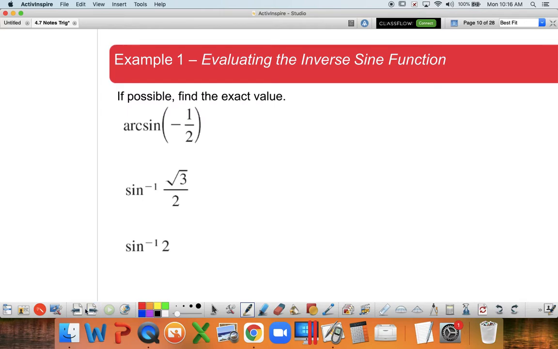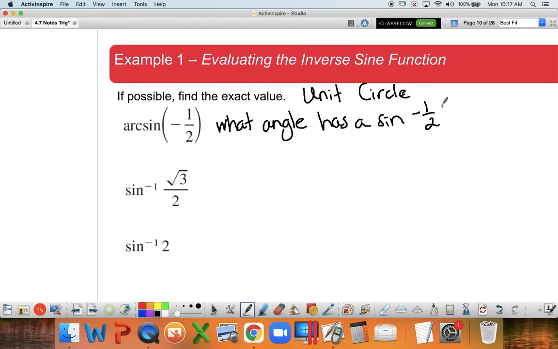But first, let's make sure we know how to calculate some of these things, how to figure these out. So I encourage you, get out your unit circle, but then also just have your calculator on hand. I know that I want us to try to find these without using a calculator, but that's always something that you can use on a test. So we're going to think about what angle on our unit circle has a sine of -1/2.